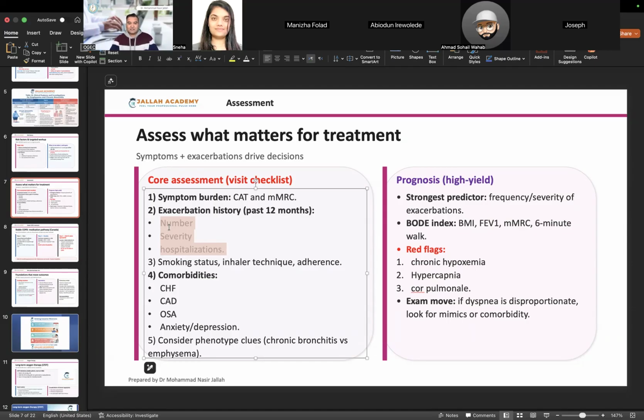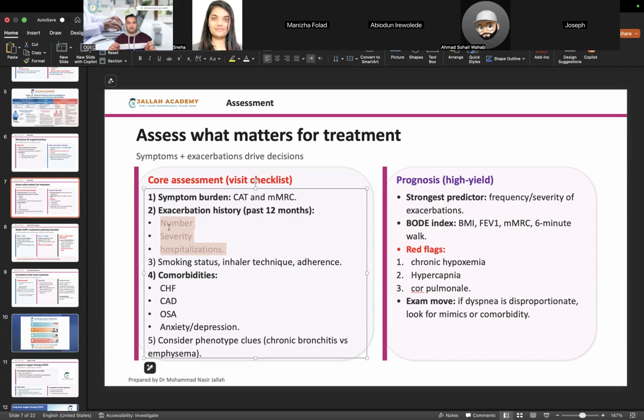Smoking status, inhaler technique, adherence, same thing like asthma. The first, best, or even the step zero, they call it step zero, it means it's not even a step one, it's a step zero. This should be on top of your head: you have to stop smoking, because the most common risk factor for COPD is smoking, and you need to know how to go about it.